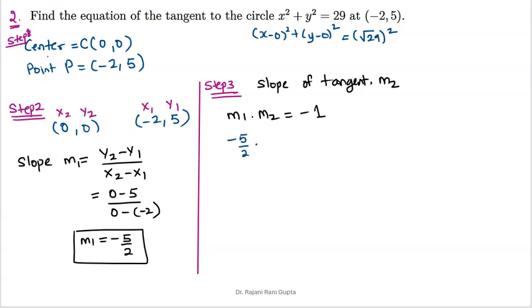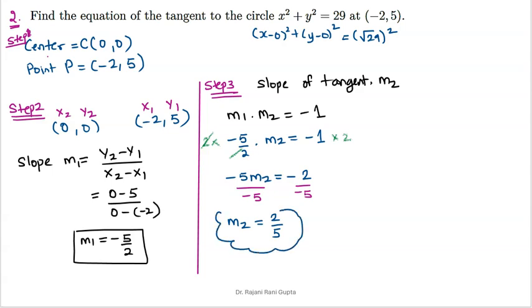Minus 5 over 2 times m2 equals minus 1. So when you simplify, you multiply both sides by 2. This cancels, giving you minus 5 m2 equals minus 2. Still, you need m2, so divide by minus 5. That gives you the slope of the tangent as 2 over 5.